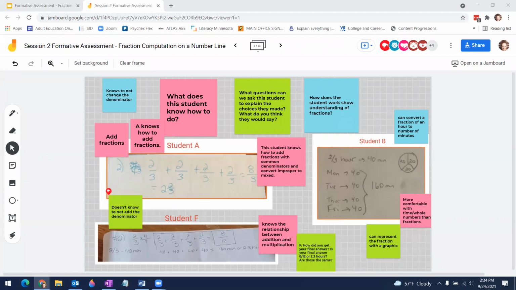So student F knows that they can add fractions, but they added their denominators instead of combining them like terms. The chat is chiming in and saying, it looks like student B feels the most confident of what this is in context.